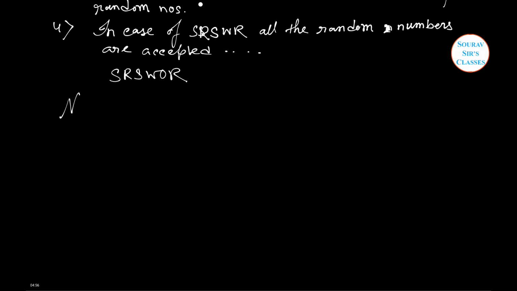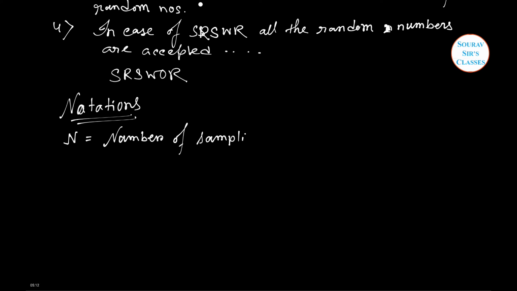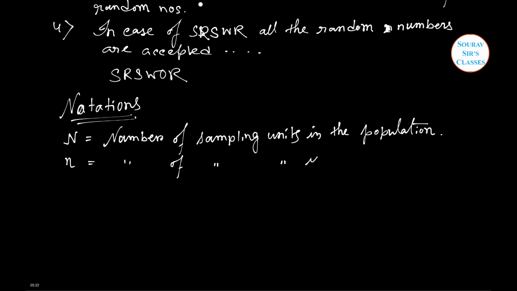Now here's some notation. Capital N, number of sampling units in the population. Small n, number of sampling units in the sample.